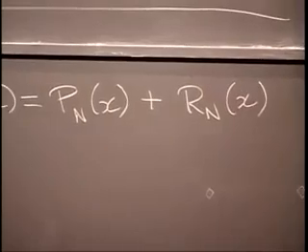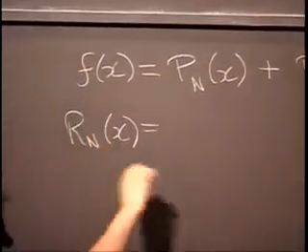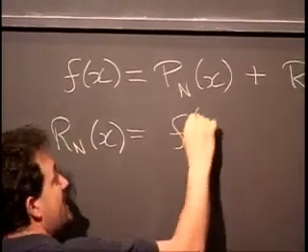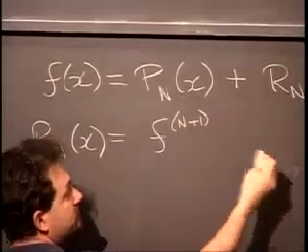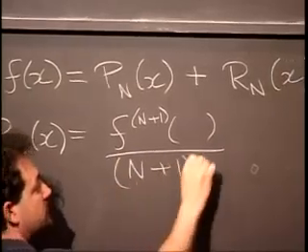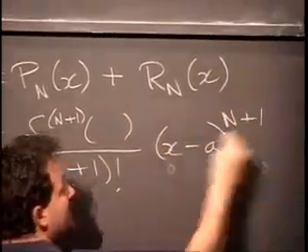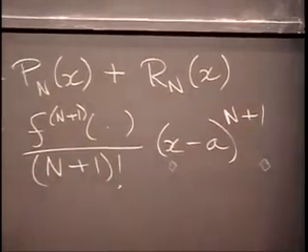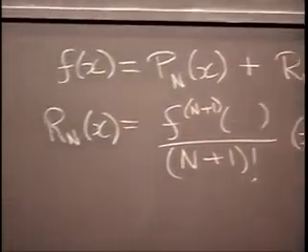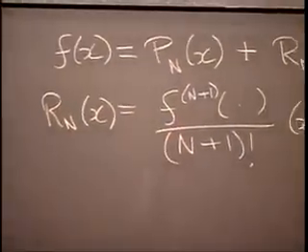And Rn is given by, and this is the real content of the theorem, the n plus 1th derivative over n plus 1 factorial times x minus a to the n plus 1. If you just plugged in an a there, you'd get the next term of the Pn, actually the Pn plus 1, the highest degree term.